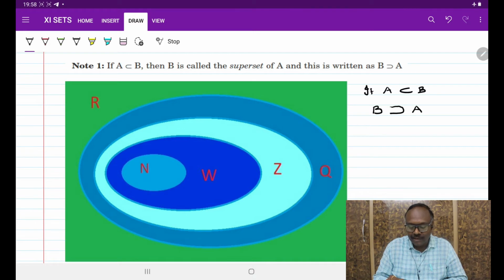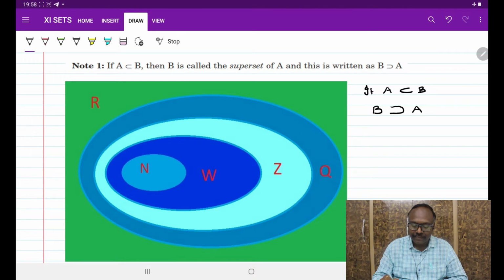So we can say that the whole number set is a subset of integers. Similarly, if we see the integers, the complete collection of integers are in the set of rational numbers. So we can say that integers is a subset of the rational numbers. In fact, all these rational numbers are subsets of the real numbers.